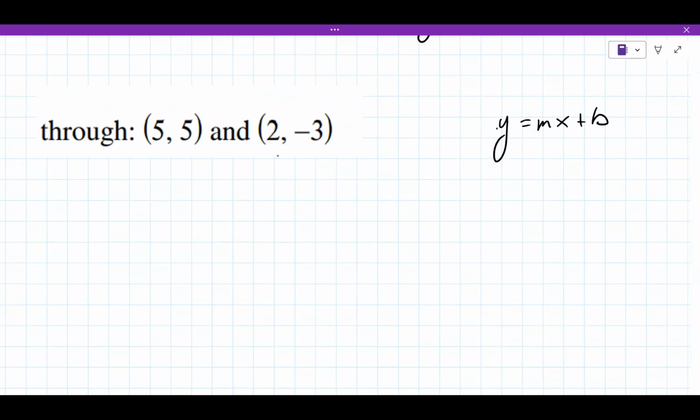Slope would be 8/3. It is 8/3. So keep going. Neither of these points are great.